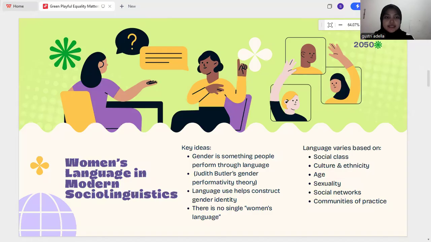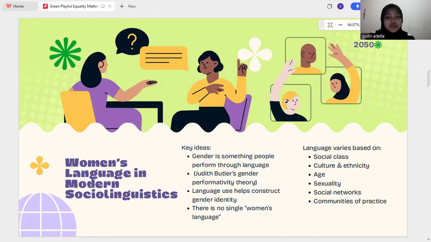So the next is women's language in modern sociolinguistics. In modern sociolinguistics, the idea of a single women's language is rejected. We can have key ideas. The first is that gender is something people perform through language, according to Judith Butler's gender performativity theory.